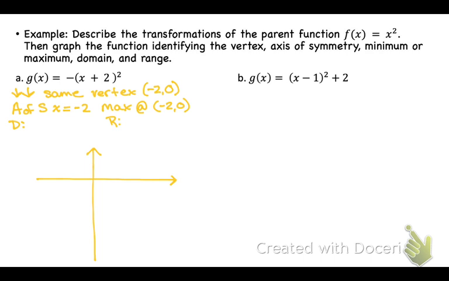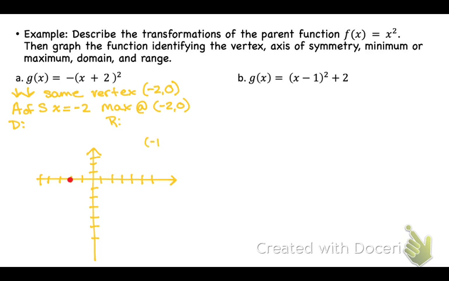Okay, so where's my vertex go? Negative 2, 0. A point on the side, let's use negative 1.